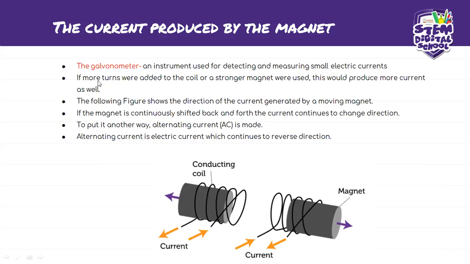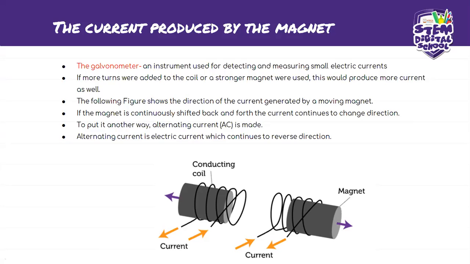So basically, what they're saying here is that it shows the direction of the current generated by a moving magnet. That one is a moving magnet and the other one is a moving conducting coil. Okay, so if the magnet is continuously shifted back and forth, the current continues to change direction.